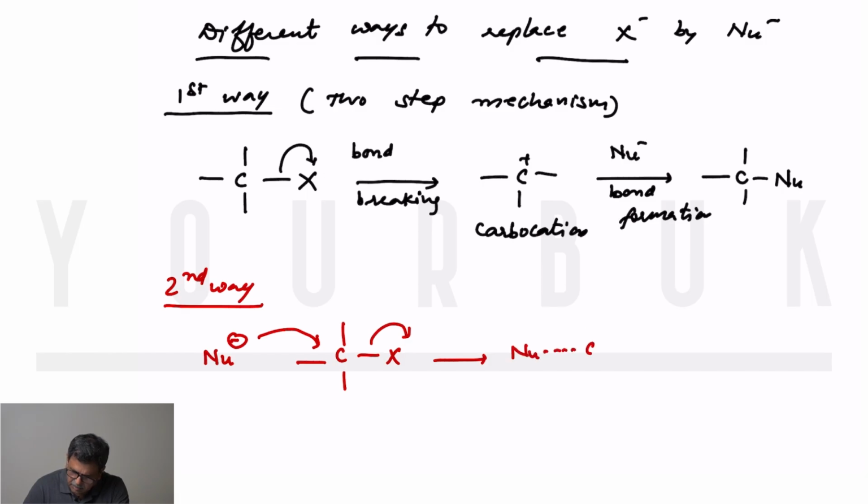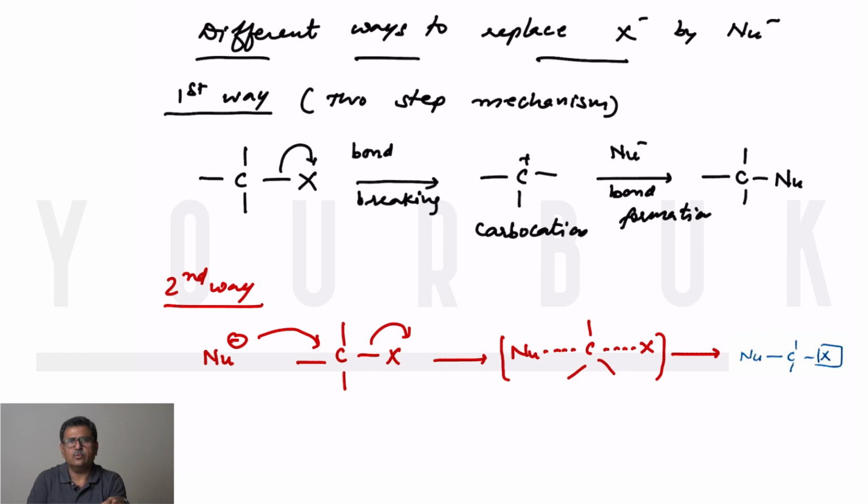In the transition state, the bonds are not completely formed and not completely broken, so carbon is half bonded to X and half bonded to the nucleophile. Then it results in the final product. These are the two possible ways to replace X minus. This is called a one-step mechanism, because bond formation and breaking take place simultaneously.